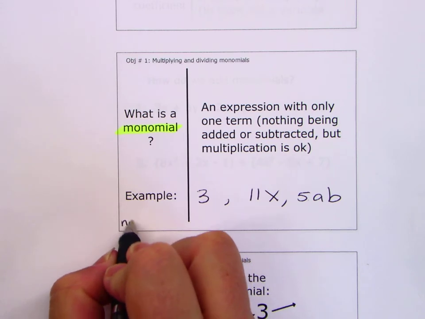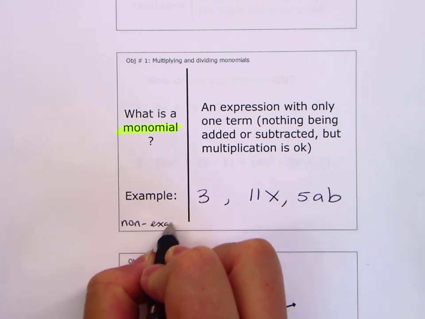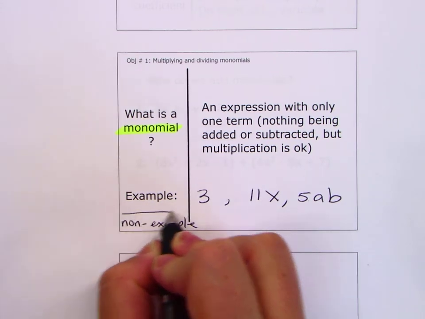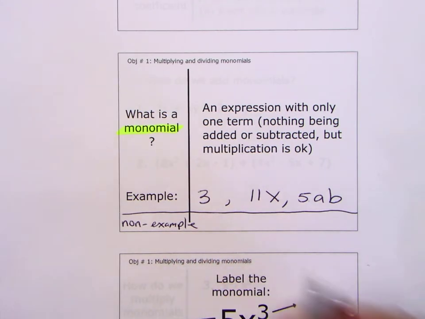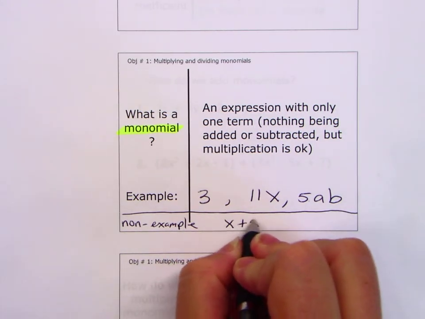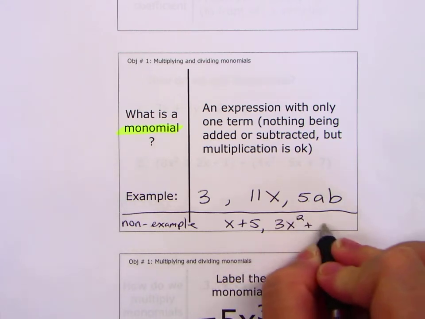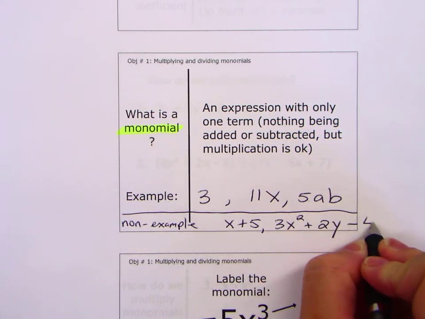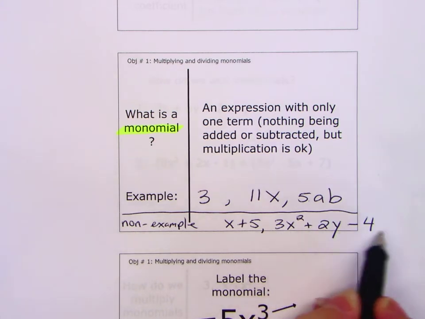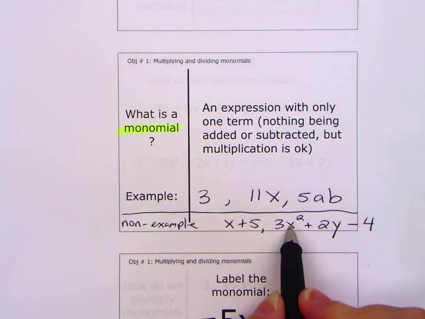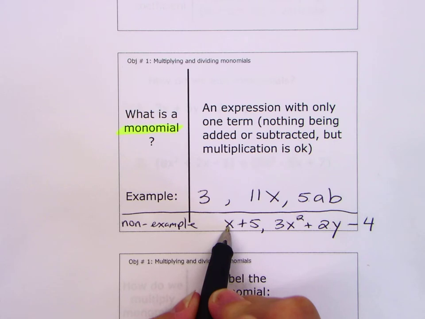A non-example would be x plus 5. Right. 3x squared plus 2y minus 4. Right. That's also not a monomial. It's got 1, 2, 3 terms. This one has 1, 2 terms.